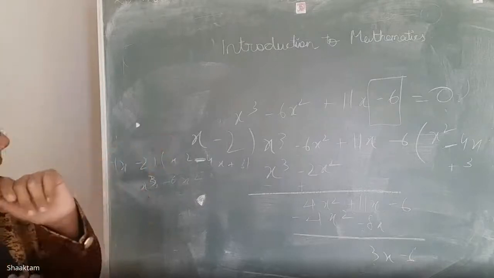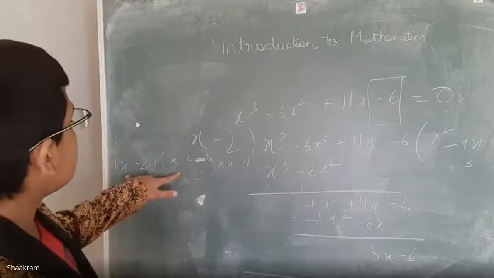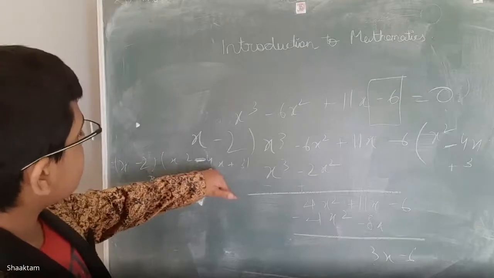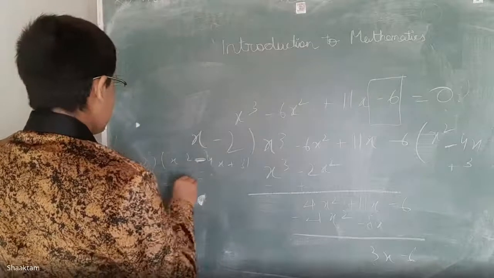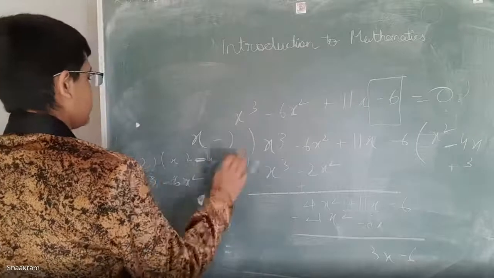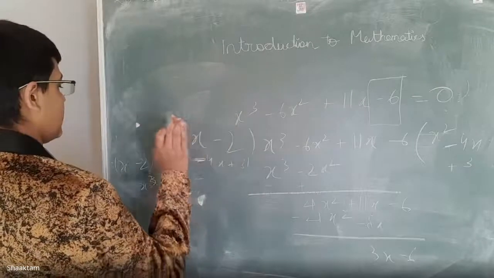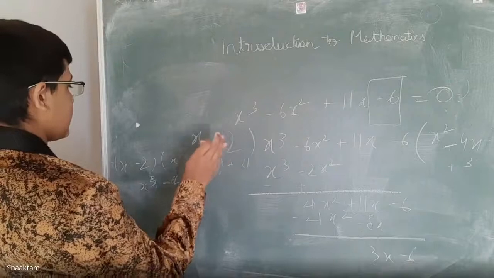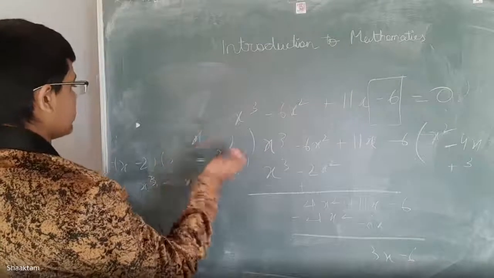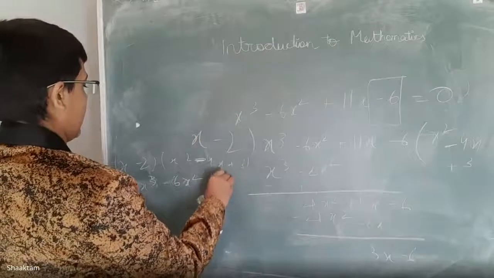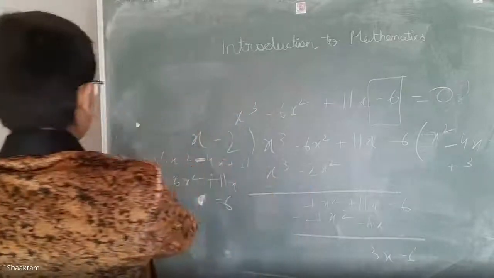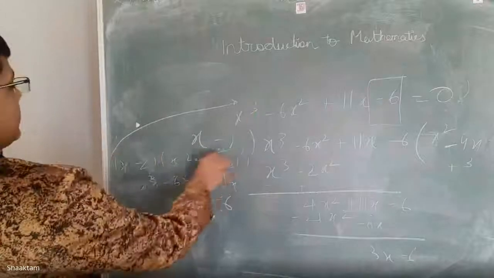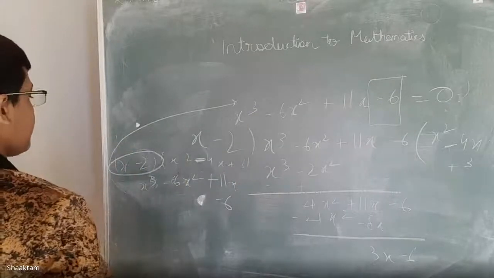Let me see with x square minus 4x plus 3: x cube here, and then x into minus 4x square, minus 2 into x square, minus 6x square, so I'll add them up. And then x into 3x, minus 2 into minus 4x plus 8x, so 3x plus 8x, 11x. Now minus 2 into 3, minus 6. So this is the same as this one. So we found out that x minus 2 is a factor. Okay?